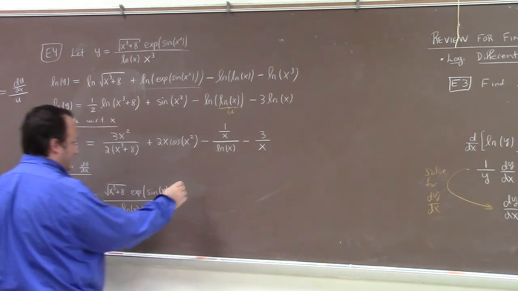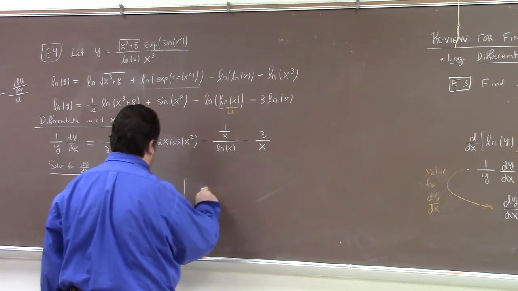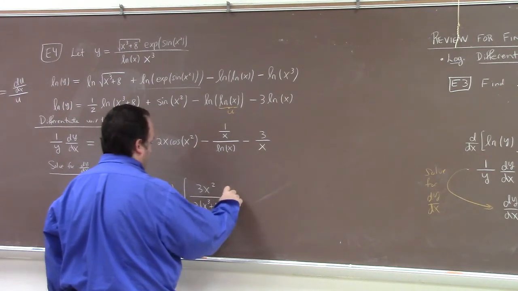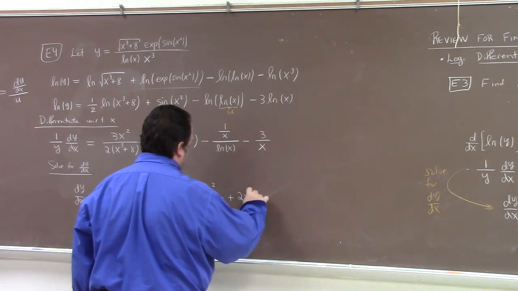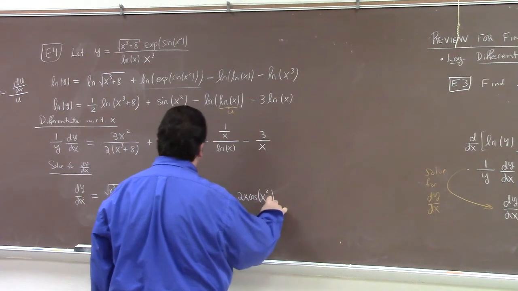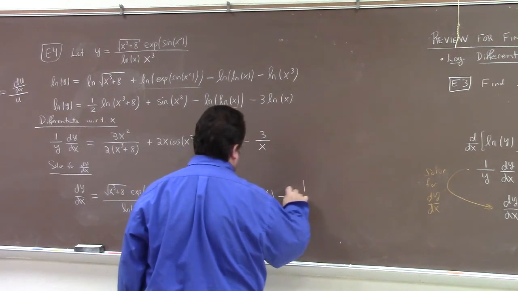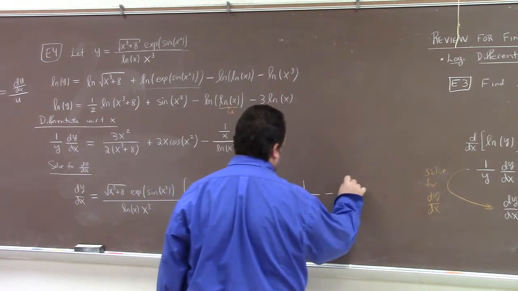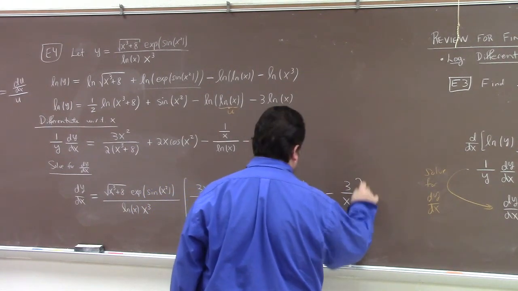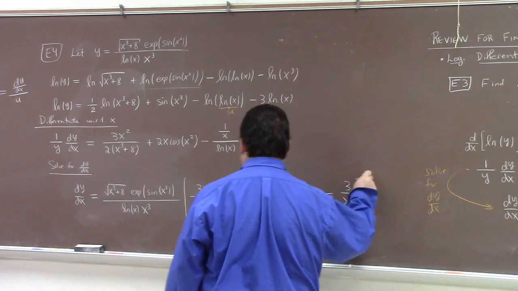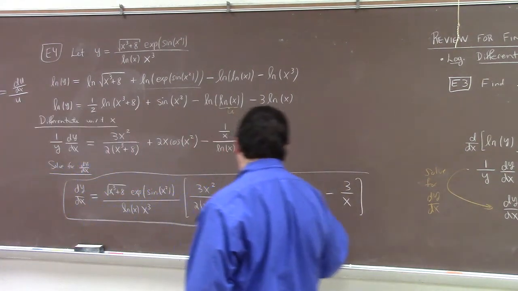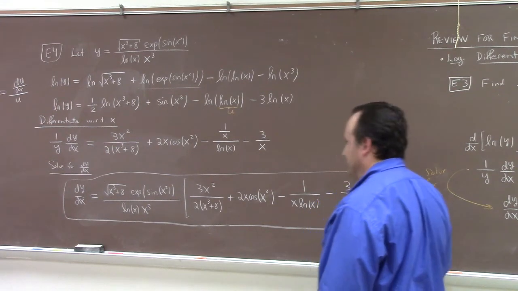All right, all of that times what I have above. So 3x squared over twice x cubed plus 8 plus 2x cosine of x squared minus 1 over x log x minus 3 over x. Close big parentheses, and there it is.